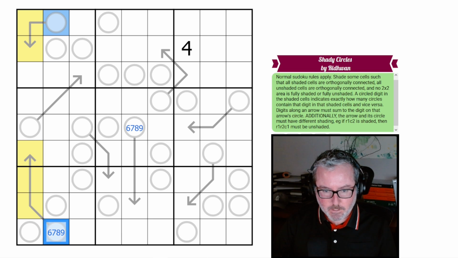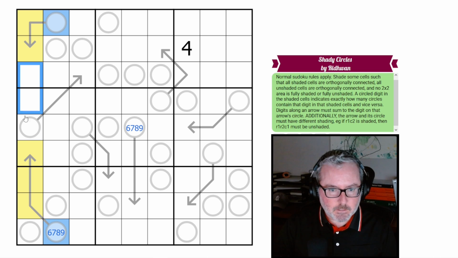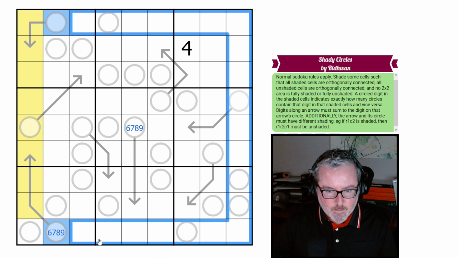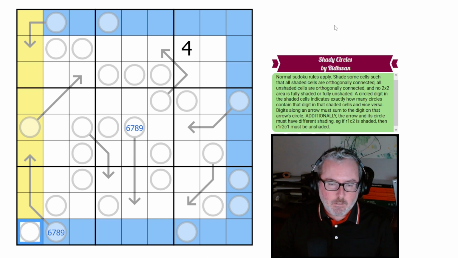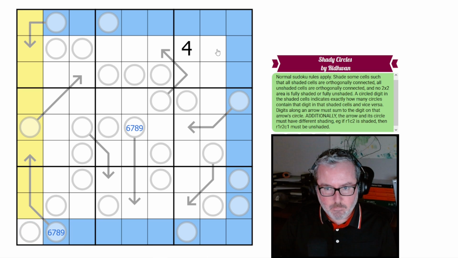Whatever they are, we don't know what they are, but they are what they are, which means these have to be whatever that is. And then all of these have to also be here. Now we don't know what this guy is. It could be either or, but we're going to know that these corners now have to be whatever the yellow is, because we can't have a 2x2 grouping.